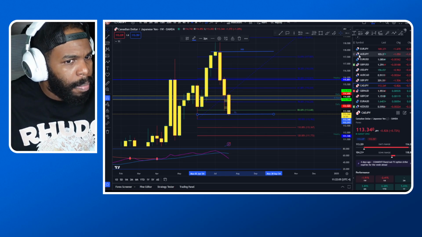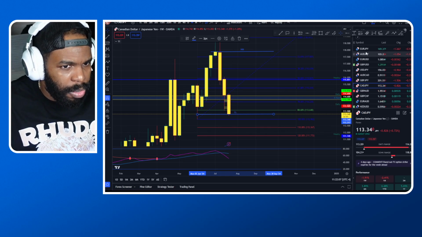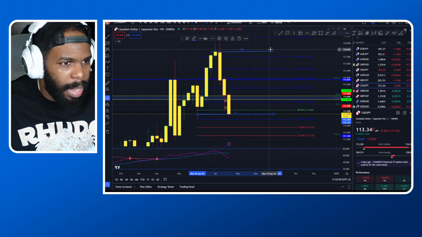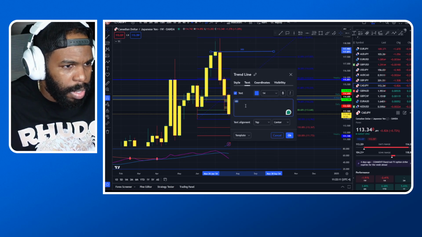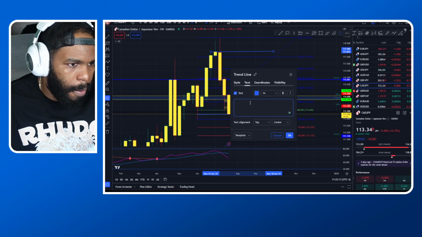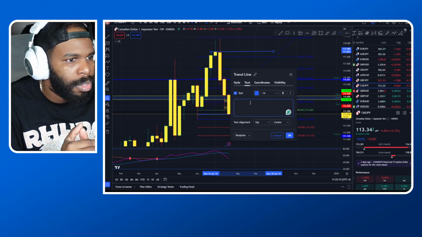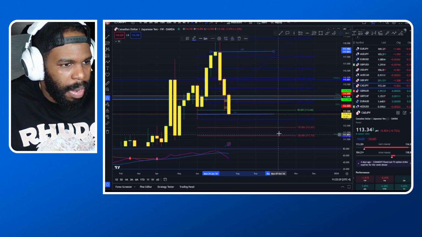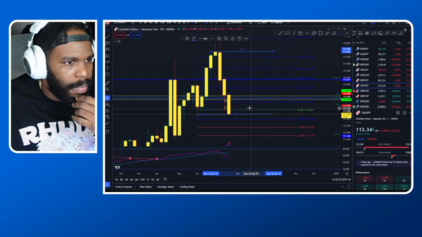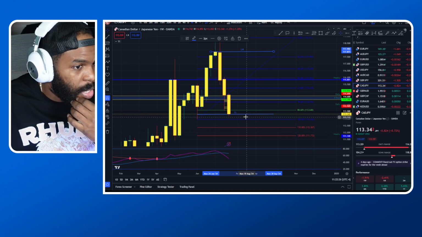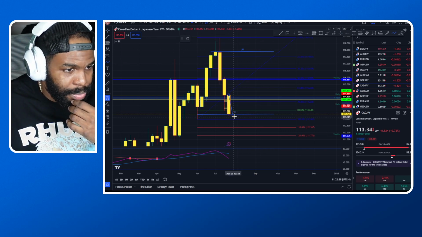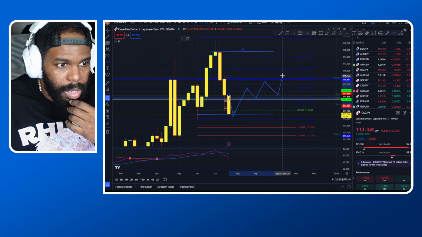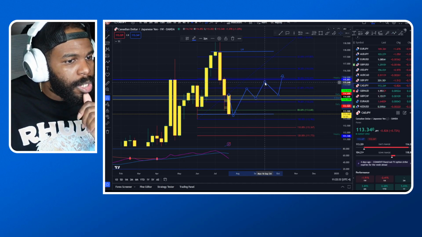So all these pairs, Euro JPY, GBP JPY, most likely might go bearish as well on the weekly. So we might not get that pullback or that potential higher low. But you never know, price still might reject this. Price might do something like this. But we'll just pay attention.